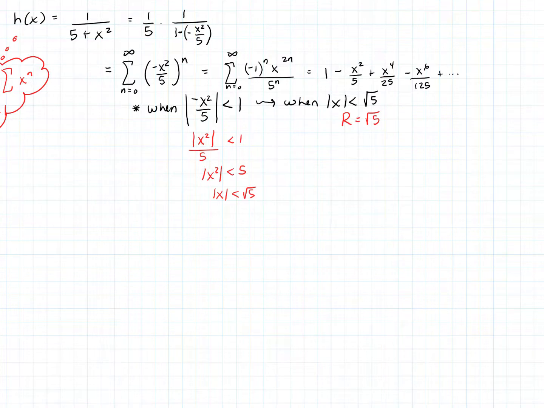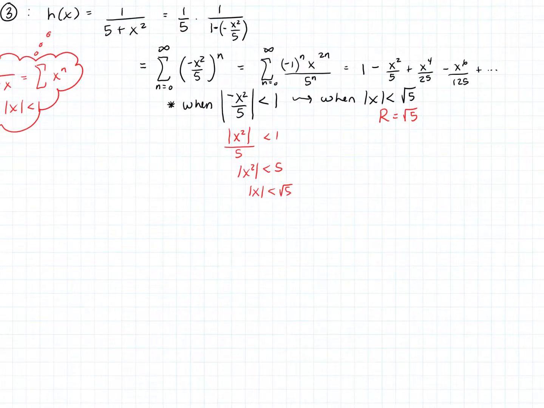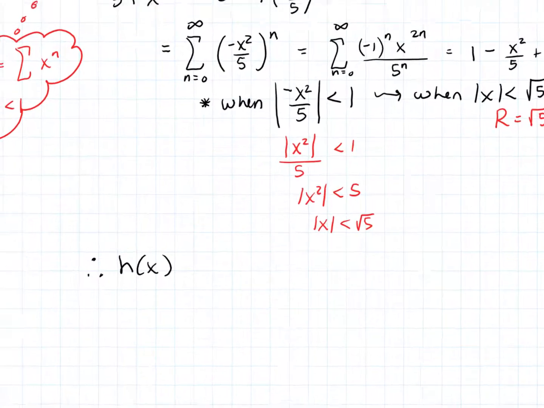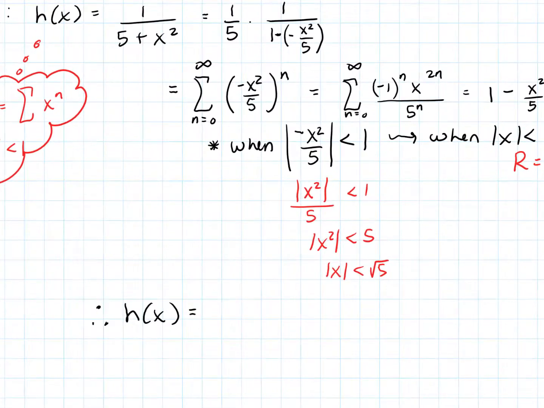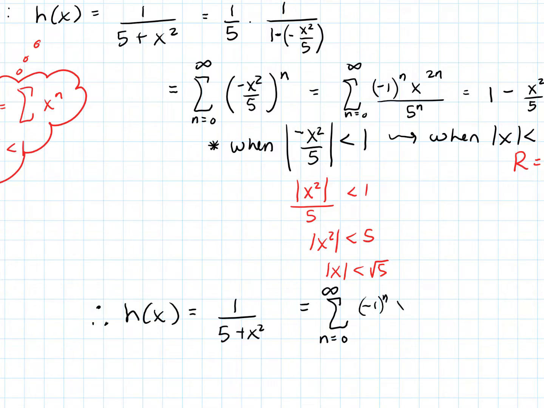And so we could say, therefore, this function h of x, 1 over 5 plus x squared, is actually equal to this power series. This particular function can be represented by a power series from n equals 0 to infinity of negative 1 to the nth, x to the 2n over 5 to the n, when the absolute value of x is less than the square root of 5.